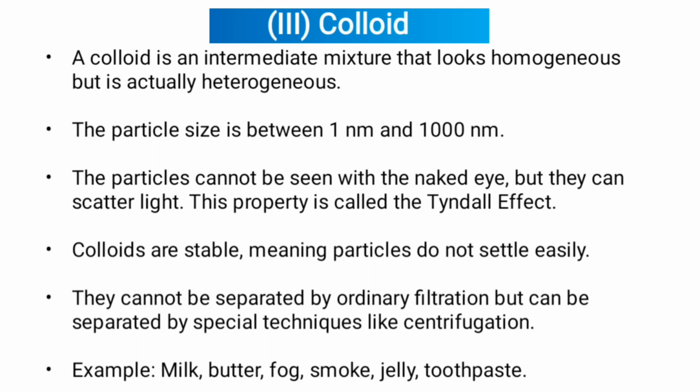This property is called the Tyndall effect. Colloids are stable, meaning particles do not settle easily. They cannot be separated by ordinary filtration, but can be separated by special techniques like centrifugation. Examples: milk, butter, fog, smoke, jelly, and toothpaste.